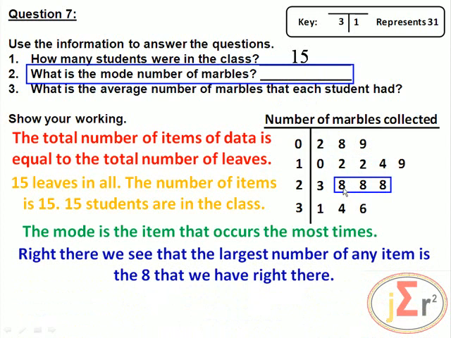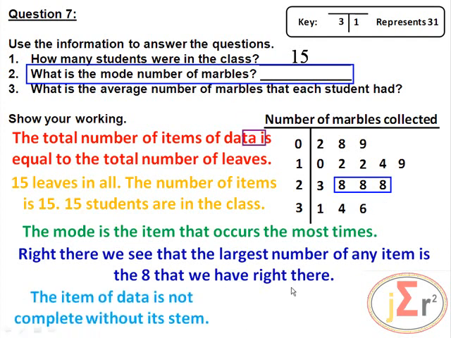As soon as we have identified the mode right here, the one that occurs the most, 8, we have 3 of them. That's the mode. We place 8 right there. But do not forget that right there we see that the leaf of the item is 8.